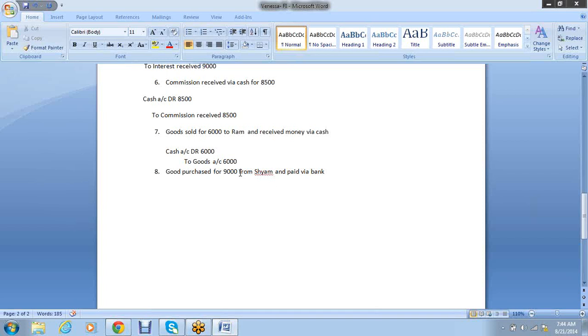The goods account is debit and the bank account is credit. Always we first have to state the debit entry. Why? The goods are coming in, so it is a debit, and credit because the money is going out via the bank account. Absolutely correct.